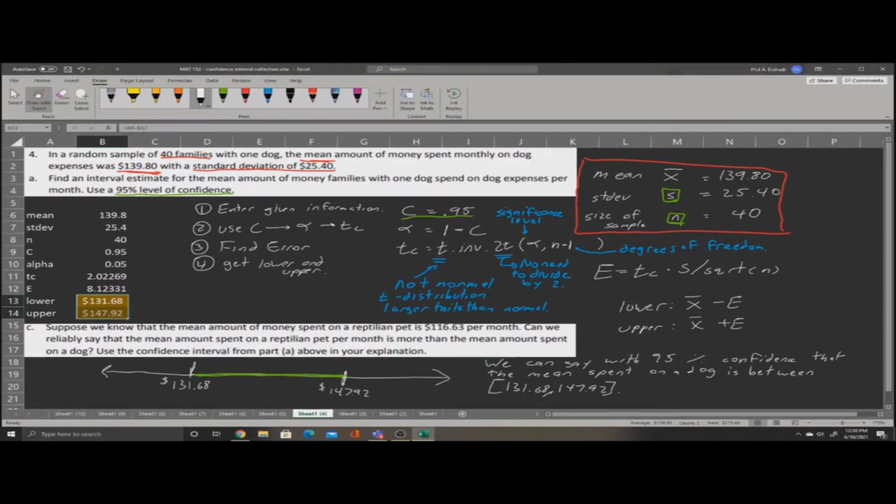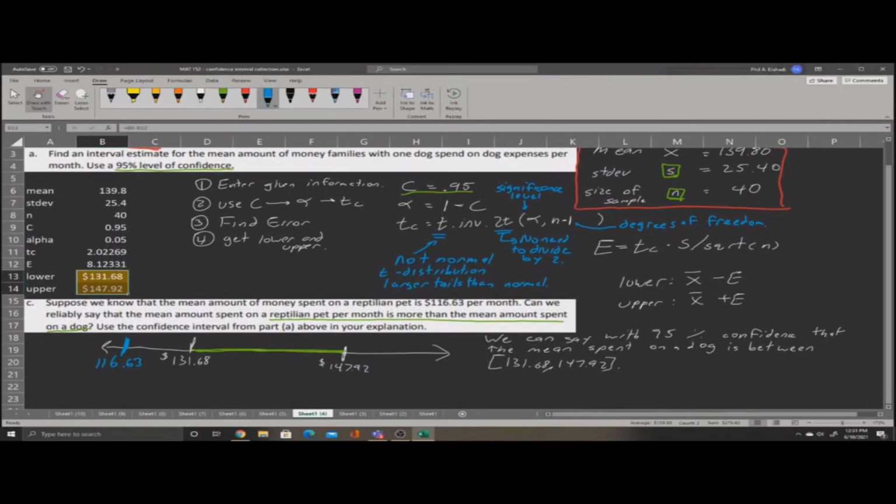Now, the mean that's being spent on a reptile is $116. So let's mark that on our number line. And that's definitely lower than 131, so that will be somewhere to the left of it. We are being asked if the amount spent on a reptilian pet is more than what you would spend on a dog. According to our picture, it looks like the amount spent on a reptile is definitely less.